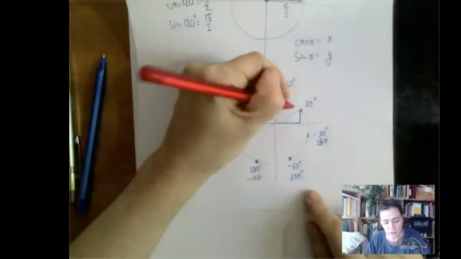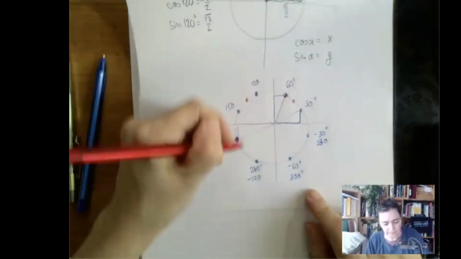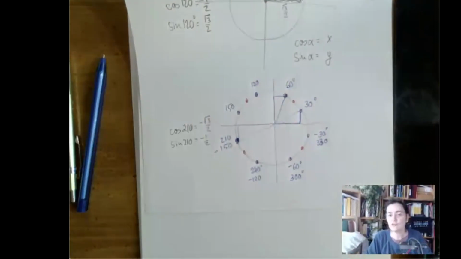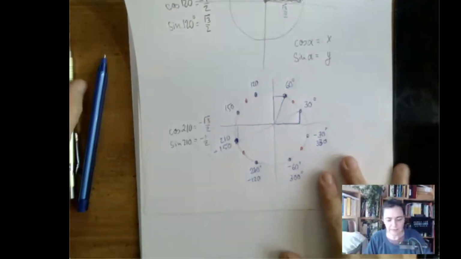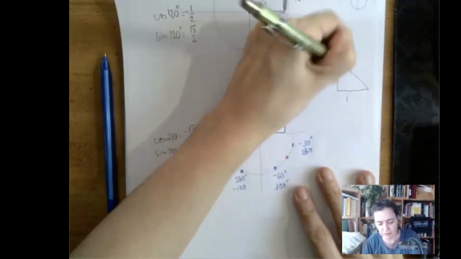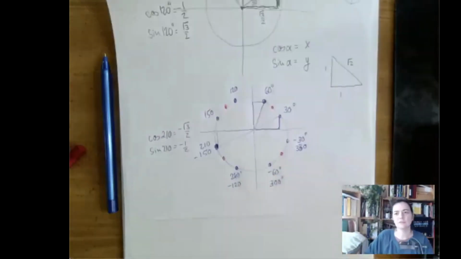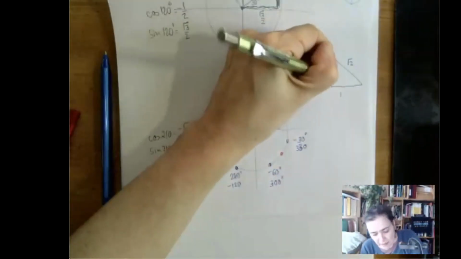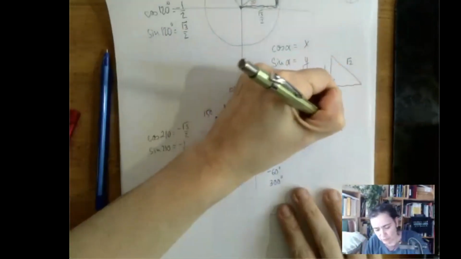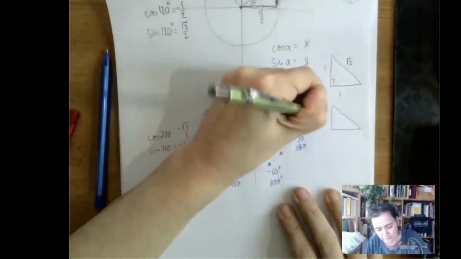Here is the other group. They're related to the 45. The good news is, because of the symmetry, let's see what triangle. With 45, we start with 1, 1, root 2. And then we scale it down to hypotenuse 1 by dividing by root 2. So we get 1 over root 2, 1 over root 2, 1.